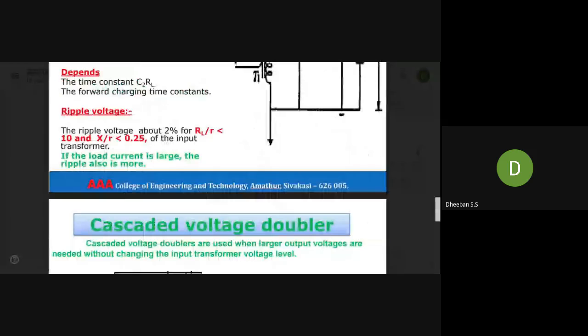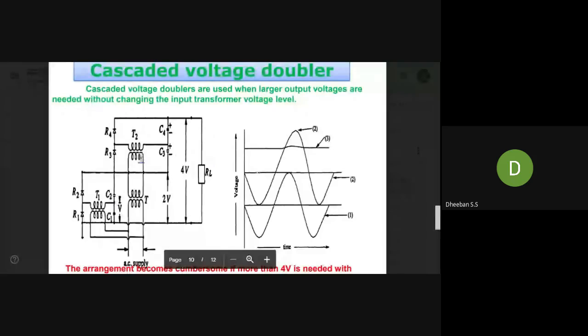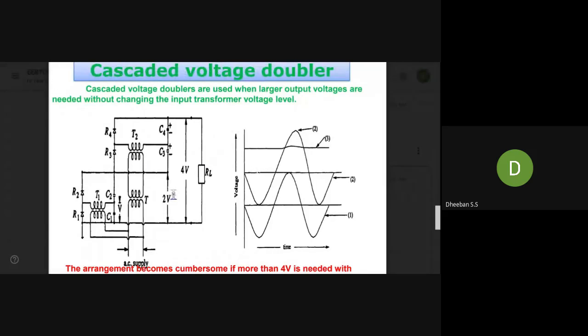So this is another topology. In this topology, they are again using another voltage doubler. That is, if you are supplying a voltage of V, here they have cascaded two voltage doublers. If you cascade one voltage doubler, you'll get an output voltage of 2V.